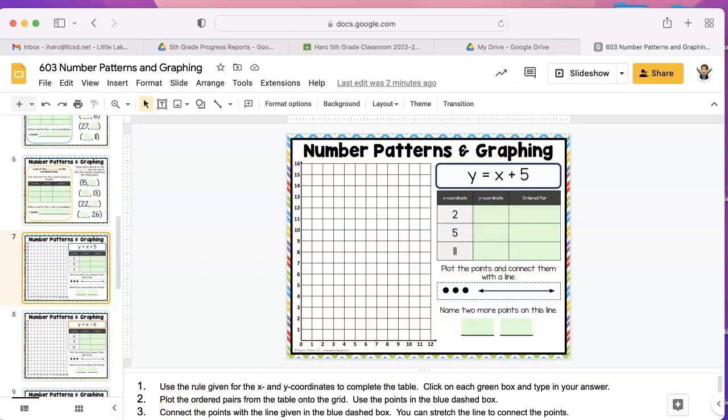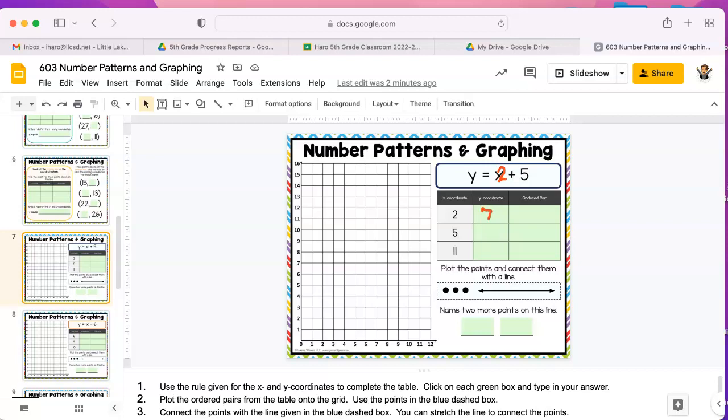For example, let's do the first one. So we have the first x coordinate, we have 2. So instead of x, we'll put 2 right here. 2 plus 5 is going to equal y, which is going to be your y coordinate. So it'll be 7 right here. All right.